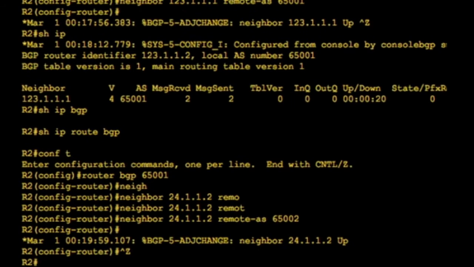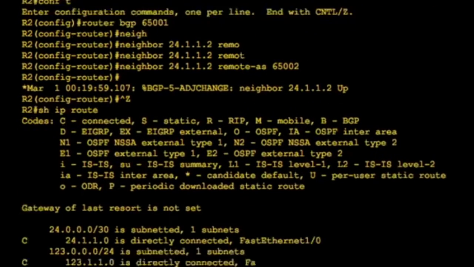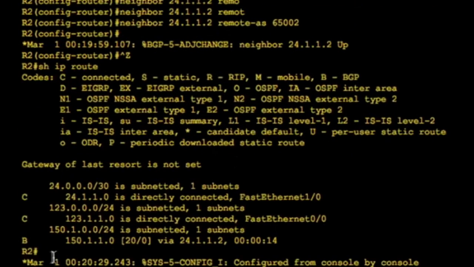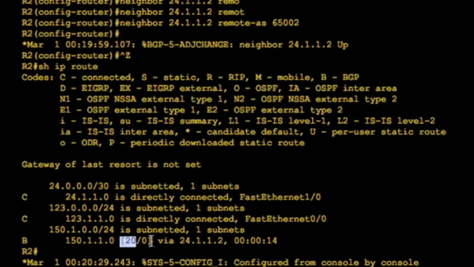Now, if we go to R2, we should be seeing one route in the routing table from BGP. We do. So B is BGP. There's the network we introduced with the network statement. You see we've got a distance of 20 there. That is the eBGP default distance for IOS.